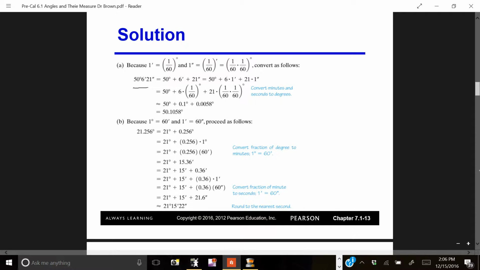So let's first do 50 degrees, 6 minutes, and 21 seconds. Because 1 minute is equal to 1/60th of a degree, and 1 second is equal to 1/60th of a minute, then 1 second is equal to 1 over 3600 degrees.